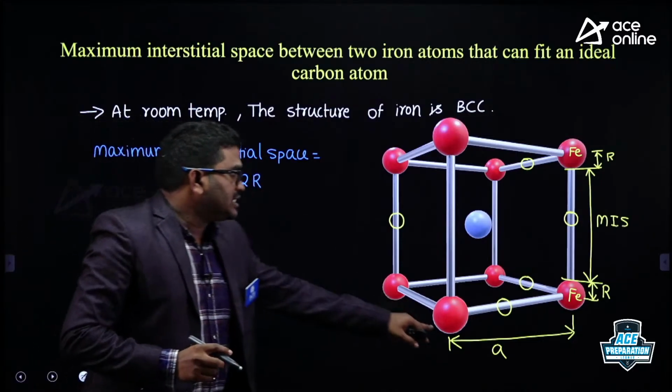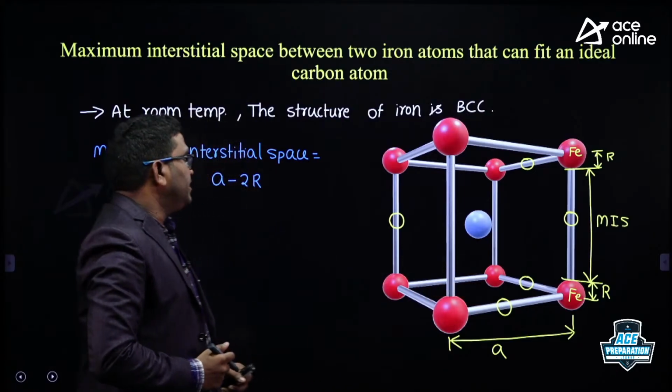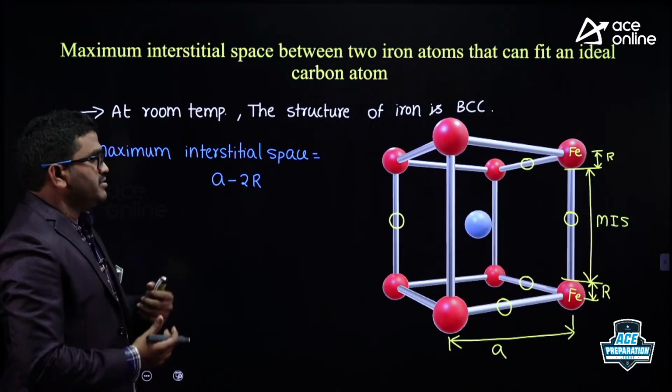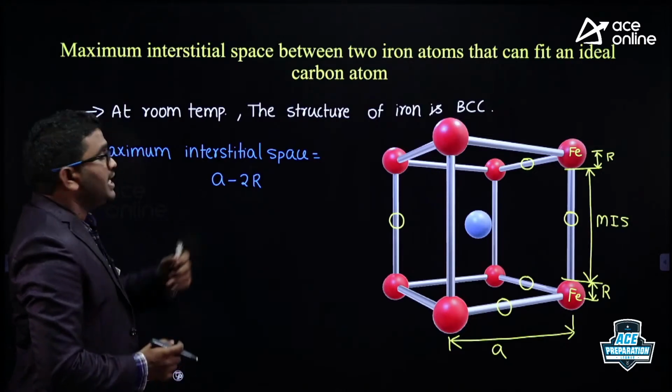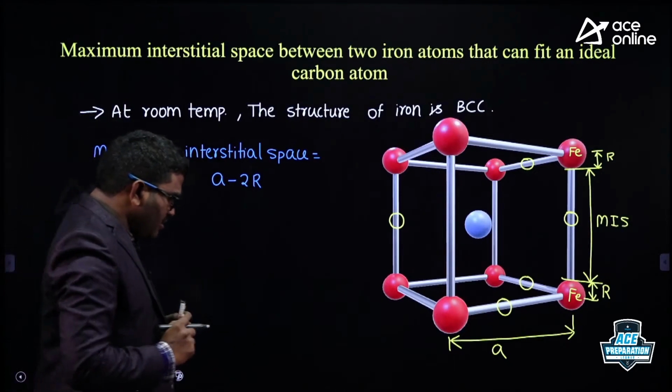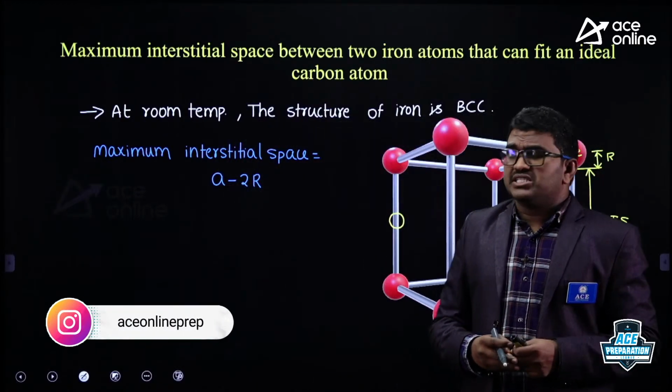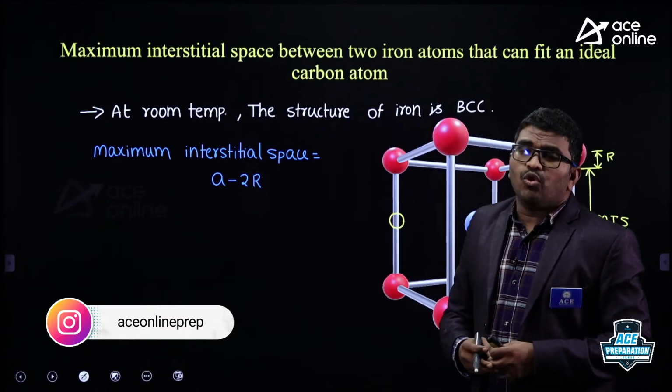A is the lattice constant, R is the radius of the iron atom. This is the answer.